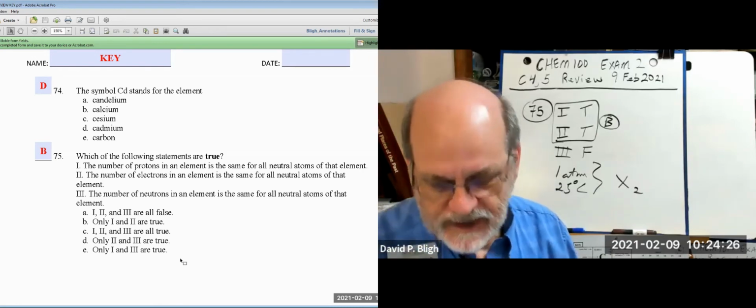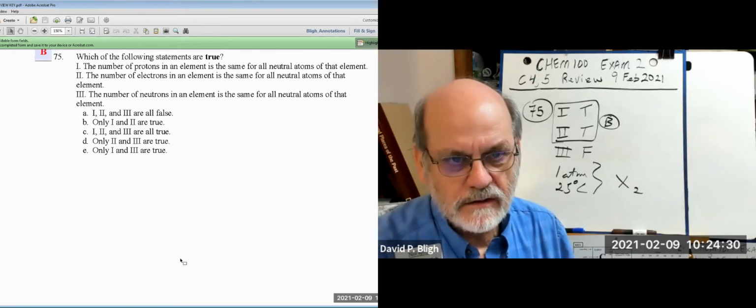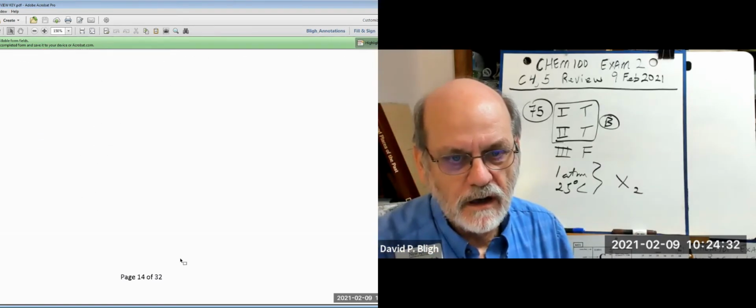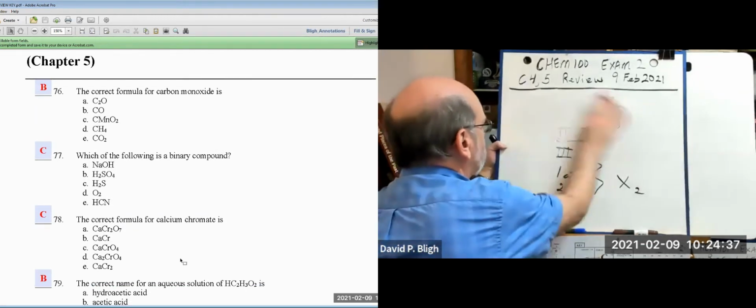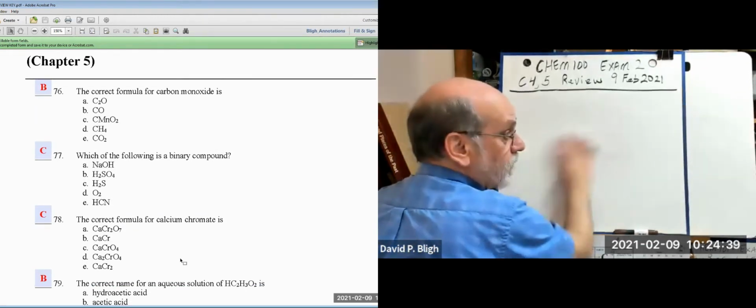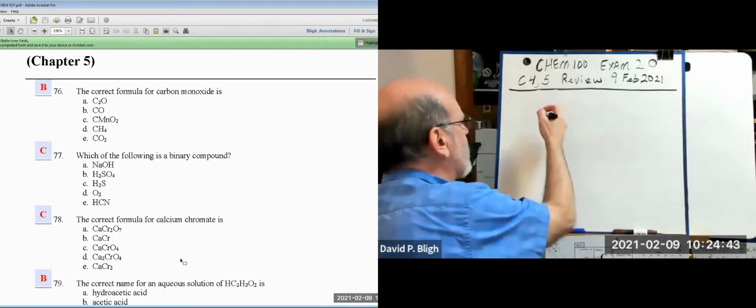Okay, 75 is done. Go to 76. Here we go. So 76, correct formula for carbon monoxide.